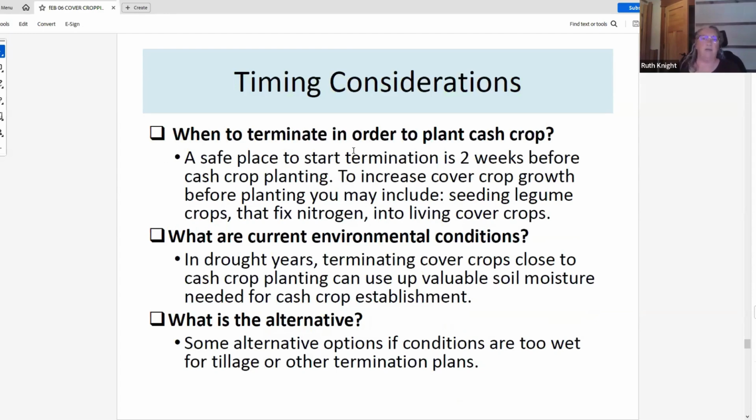When to terminate the cover crop before the cash crop? A safe place to start is 2 weeks. I have actually seen situations where there was a very short time period between termination of the cover crop and planting of the cash crop, and the cover crop was not breaking down very quickly.